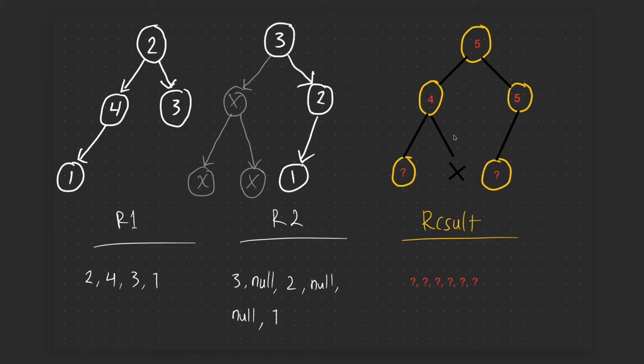Next, the left side of 4 is 1 plus null, so it should be 1. And then for the left side of 5, we just have 1 here.